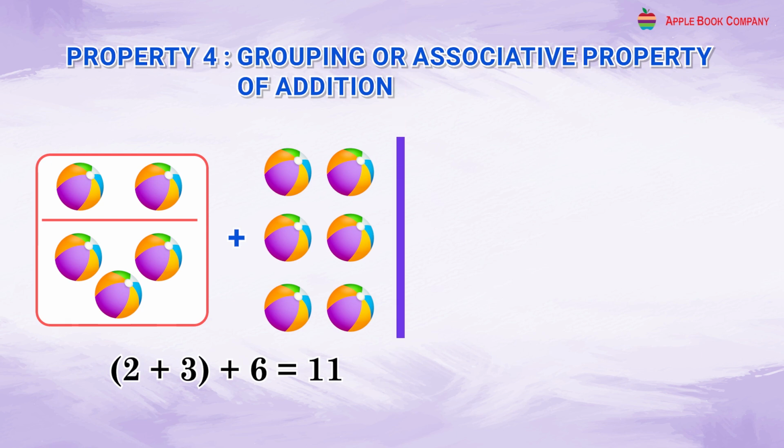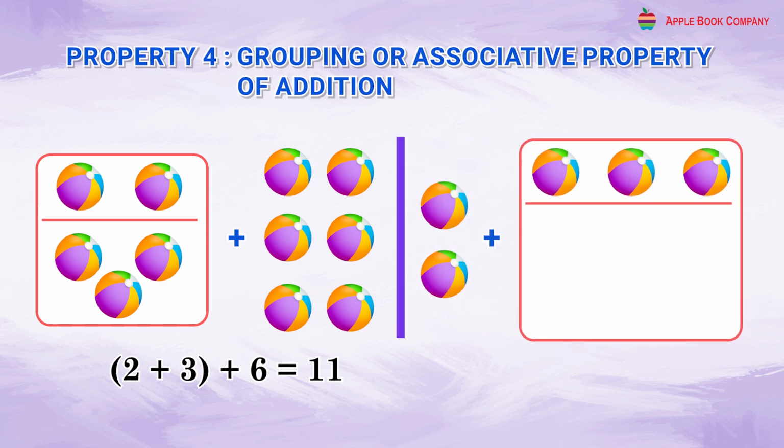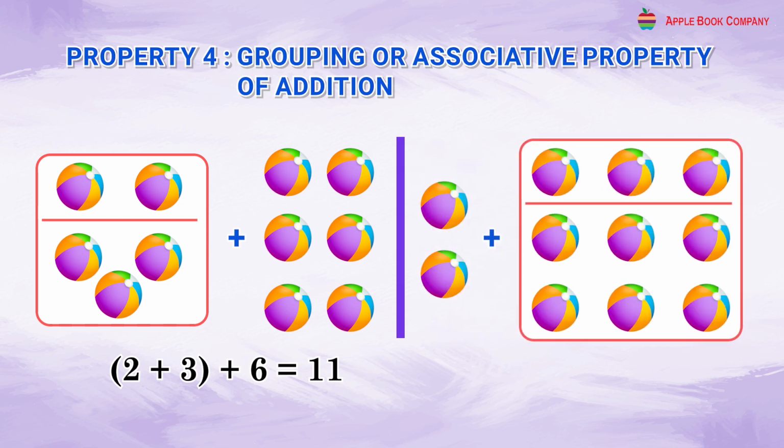On the right side, it is 2 plus, within the box, 3 and 6. That can be represented as 2 plus brackets 3 plus 6, which is 11. The way in which we group addends does not change the sum. When adding 3 numbers, you may group the first 2 addends or the last 2 addends. You will always get the same sum.